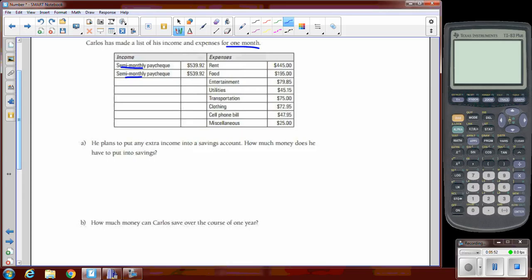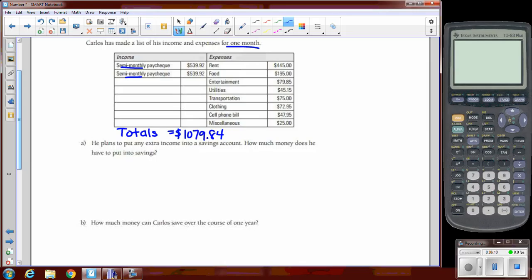Now, question A says he plans to put any extra income he can into a savings account. How much money does he put into that savings account? So we have to figure out how much did he actually make and how much did he actually spend. So all we have to do is total up these columns. So if you add up his 2 paychecks, his income in that month is $1,079.84.